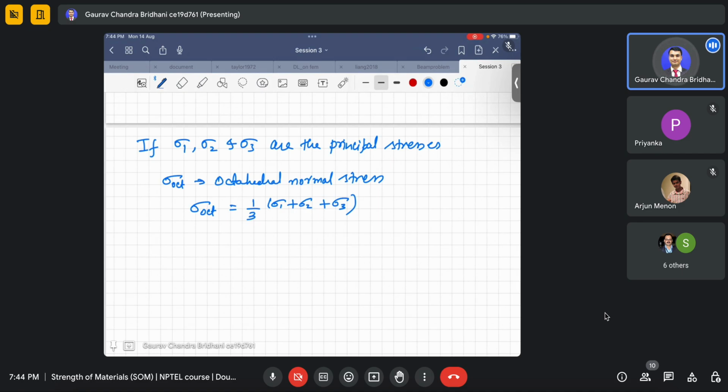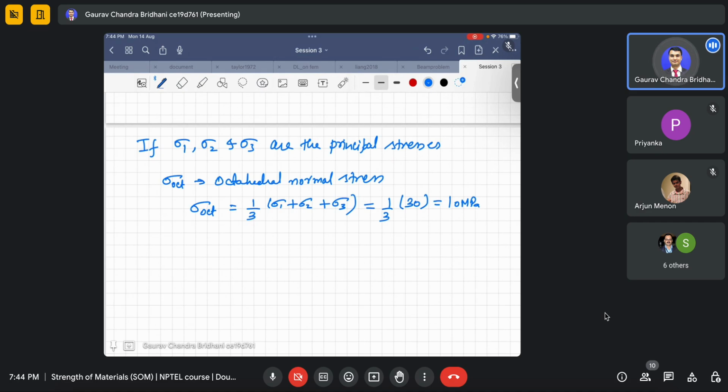In our case it will be 1 by 3 into 30, that is 10 MPa. Remember that here it is in terms of sigma 1, sigma 2, sigma 3.